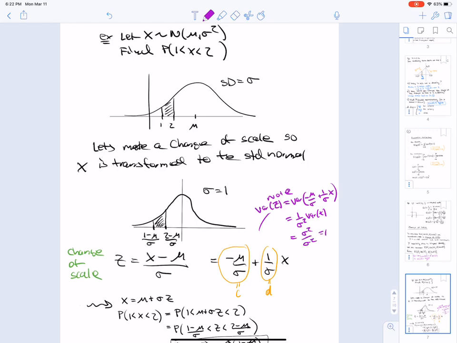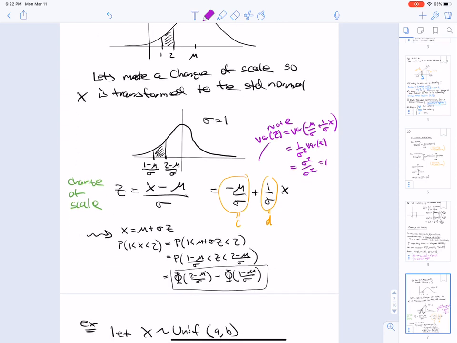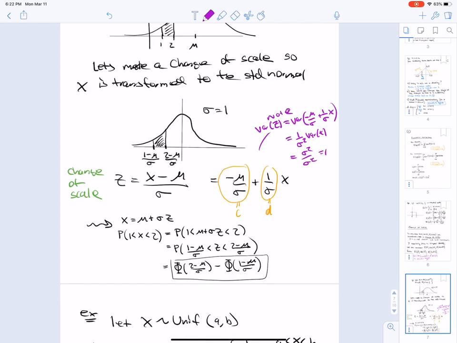So that's why we divide by sigma, not sigma squared. Okay, great. So I have this change of scale.